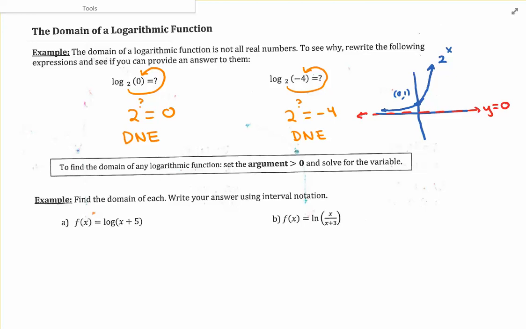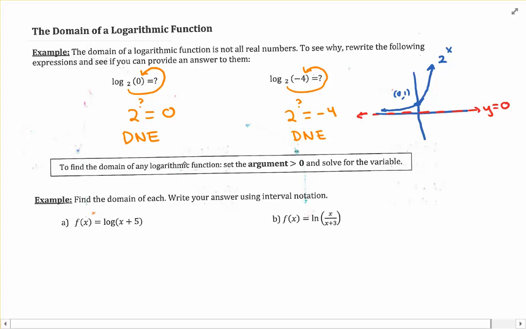Overall, here's a rule to keep in mind regarding logarithms. You can't take the log of a negative number, and you can't take the log of 0, because none of that is going to exist. That's a nice segue into these last two examples for section 6.4, as well as what's stated in the box.